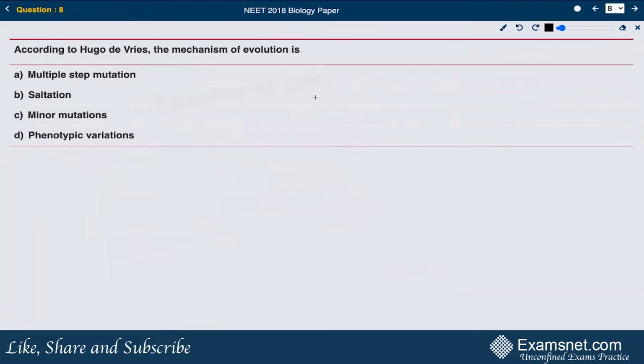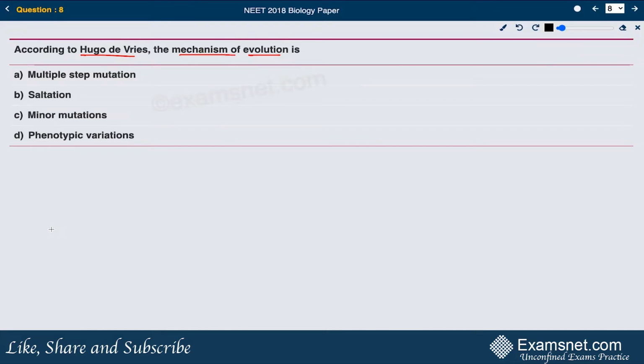Question number 8. Question number 8 says that according to Hugo de Vries, the mechanism of evolution is. This question has been asked from the chapter of evolution from your standard 12, and it's a very direct question because Hugo de Vries gave the concept of saltation.